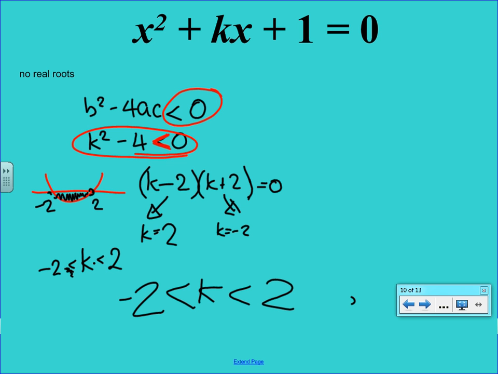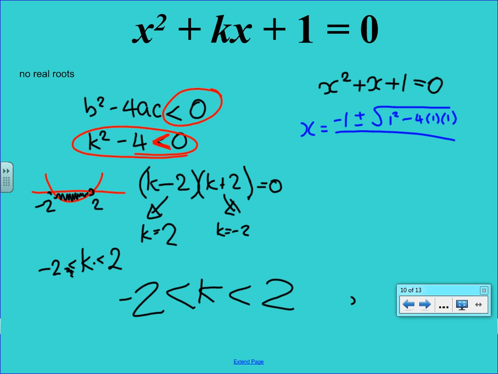Yeah, exactly. I mean, let's try one. Should we pick k as 1 because it's easy? So 1 is between -2 and 2. Just as an example to check it works, if we try now to use the quadratic formula, we would say the roots are -b plus or minus the square root of b squared minus 4ac, all over 2a, which is -1/2 plus or minus 1/2 root 1 minus 4.